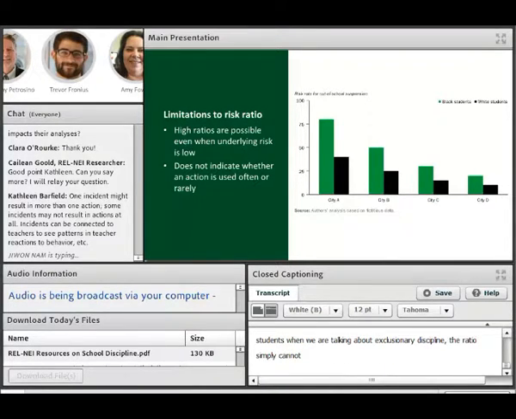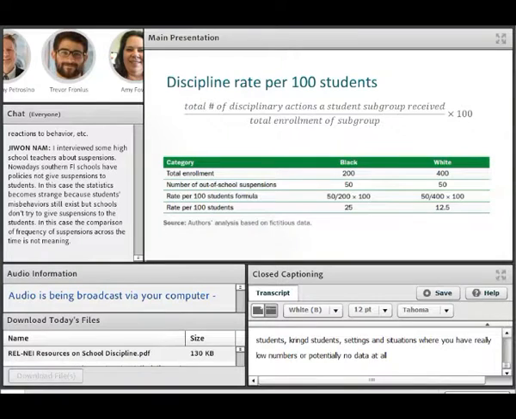So, this might affect elementary students, kindergarten students, settings and situations where you have really low numbers or potentially no data at all. And in that case, you may look back to the risk difference rather than the relative risk ratio.